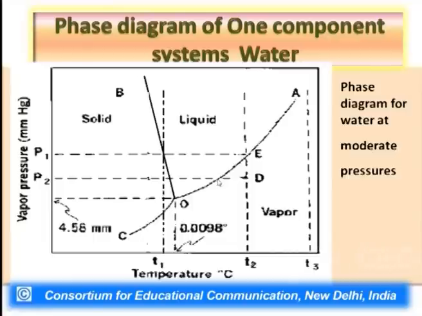If during this process the whole of the liquid is used up and there is no more liquid to vaporize, then the system gets completely transformed from two phases to one phase, and therefore ultimately the system will not be on the OA curve, but will be lying below the OA curve.